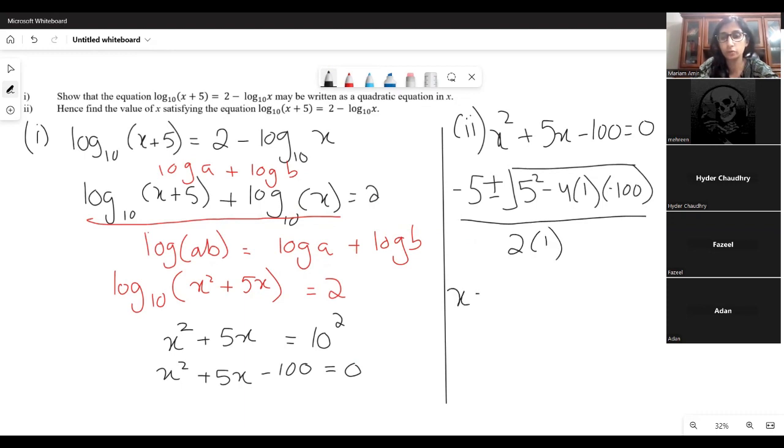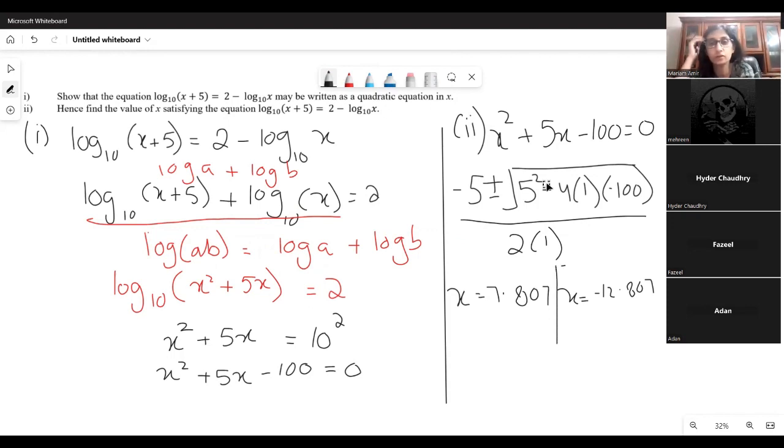What are the two values we're getting? 7.807 and minus 12.807. Okay. Just like the modulus function, whenever you get the answer, you substitute it back in the original expression to check whether it's a valid solution or not.